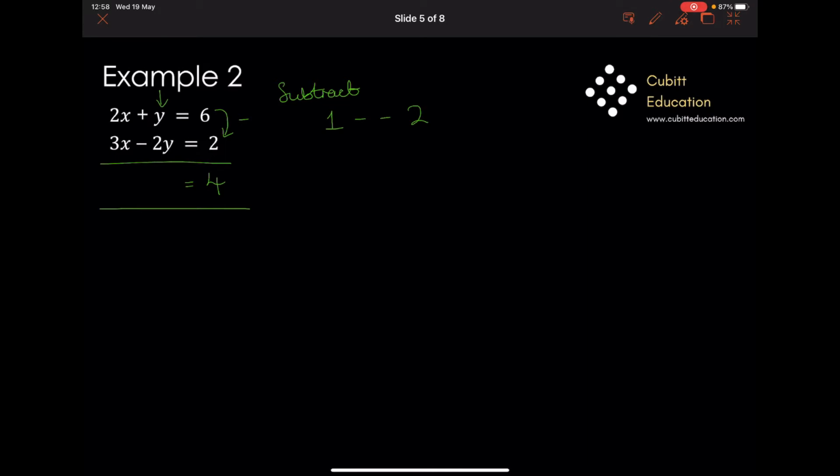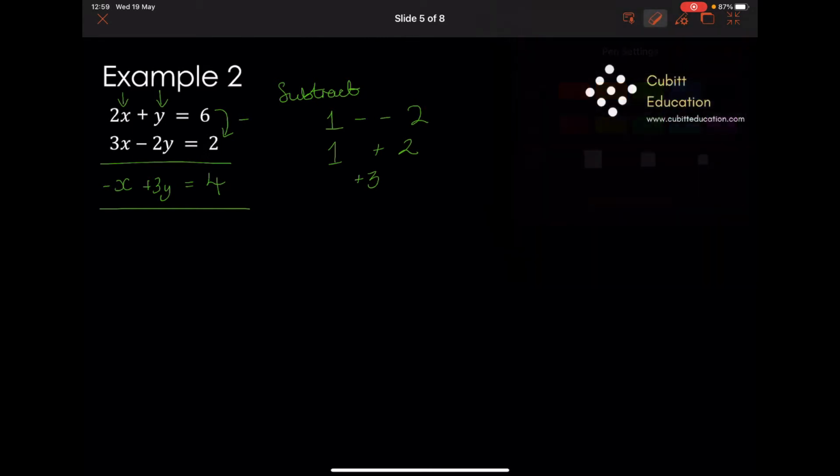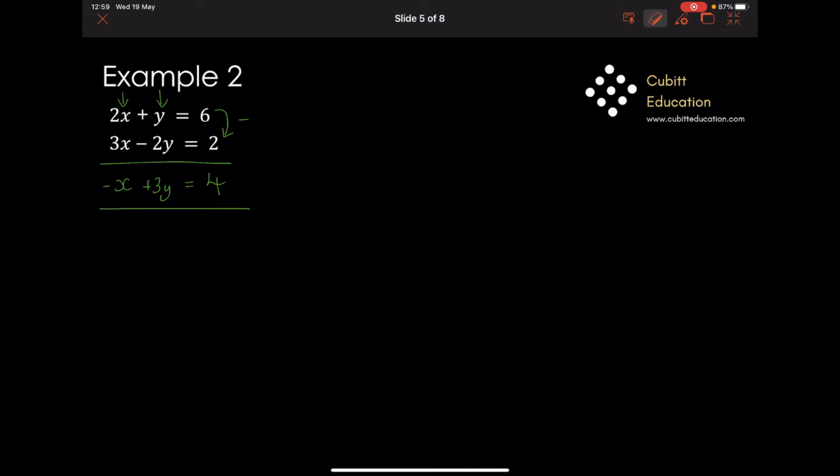So that becomes 1 plus 2, which becomes a positive 3y. And then if we did 2 take away 3, that would be minus x. Minus x plus 3y equals 4. We've still got x's and y's. We can't take them away. So we can't add and we can't subtract, not yet anyway.